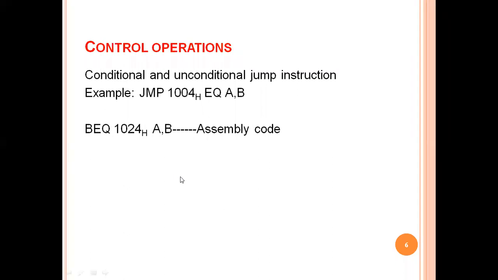Okay. Then another is BEQ 1024. This is also the same type of instruction. BEQ means branch equal 1024 AB. That means if A is equal to B, clear, it will jump to the location 1024 hex.